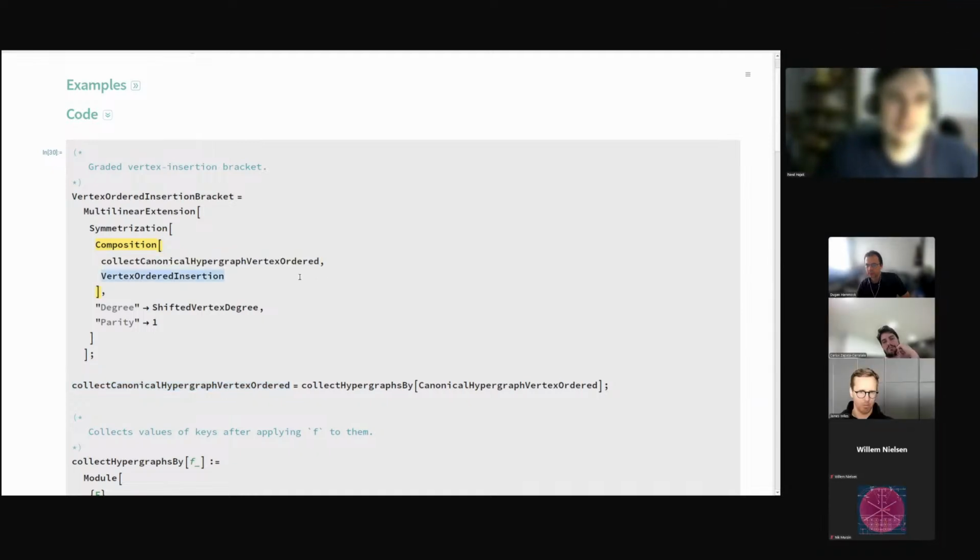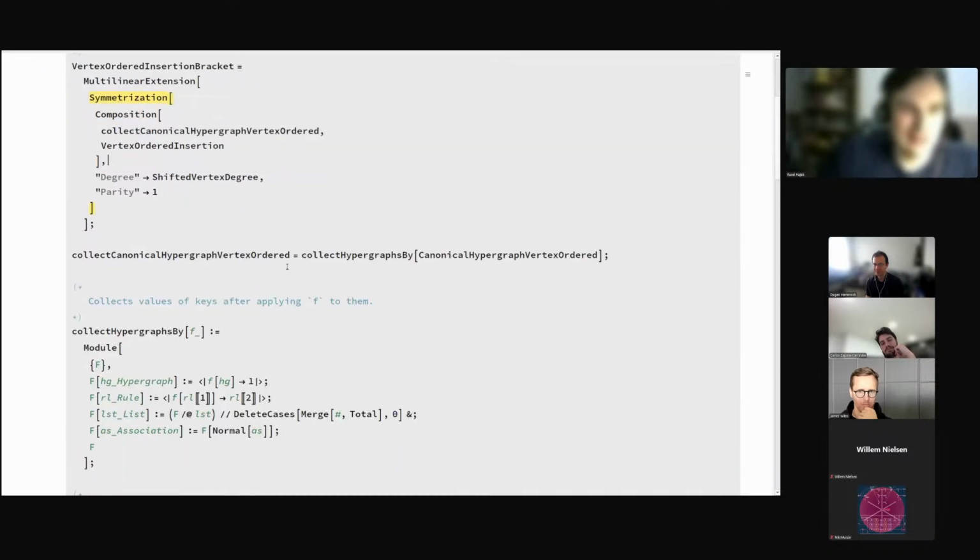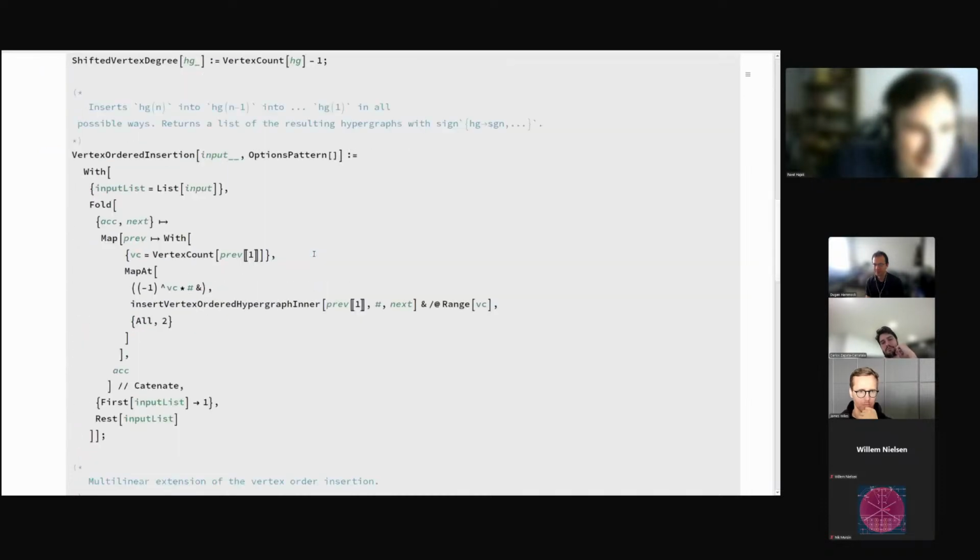The naming is as I made it. So it is just the multilinear extension of the symmetrization of this composition. And what is the vertex ordered insertion? The vertex ordered insertion is the heart of this construction, doing precisely what I said.